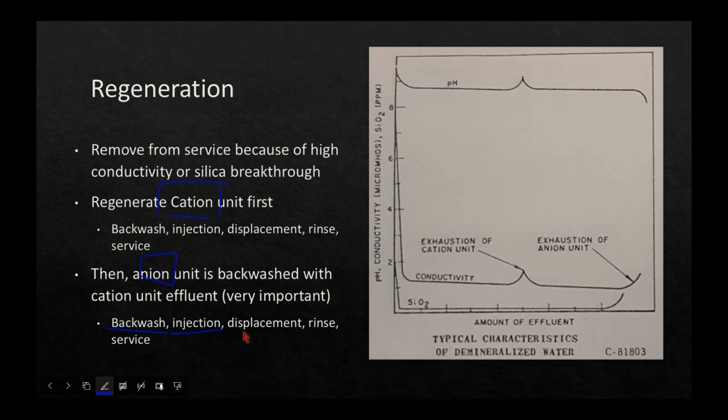It's got to be the right material for the right unit. Then we have a displacement, which is also called slow rinse, where we're basically pushing the spent regenerant material out. We're going to rinse it to compact the bed, and then we place it back into service. So really, it's exact same as for sodium zeolite softener.